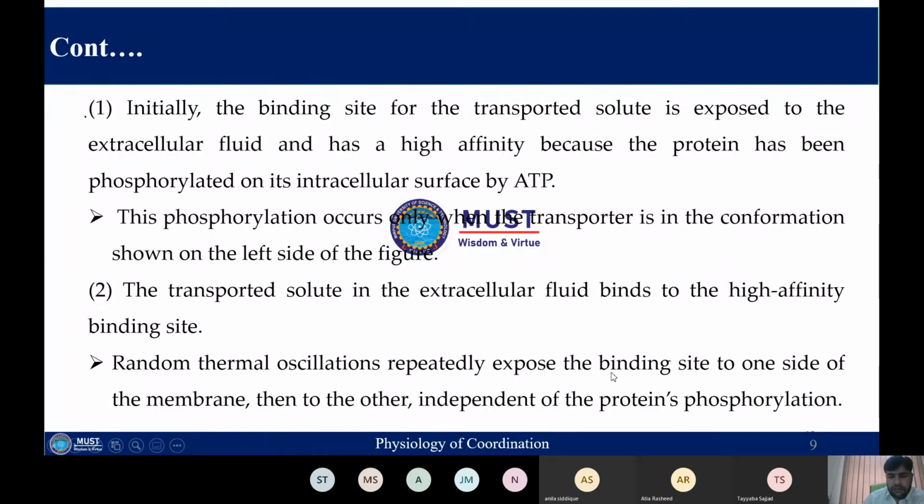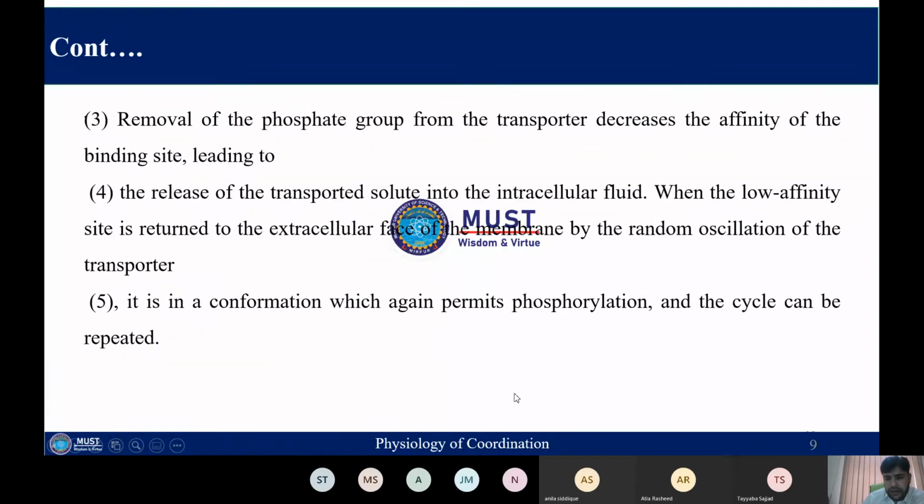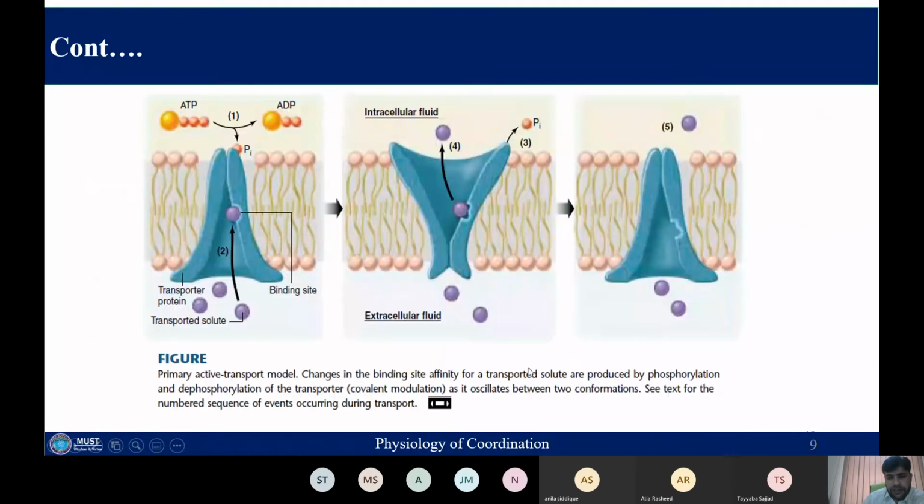It will repeatedly expose the binding site to one side of the membrane, then to the other, and sometimes this is not dependent upon the phosphorylation process. It is not strictly dependent, as we have previously discussed, that these carrier proteins or transporter proteins remain in a sort of oscillation.